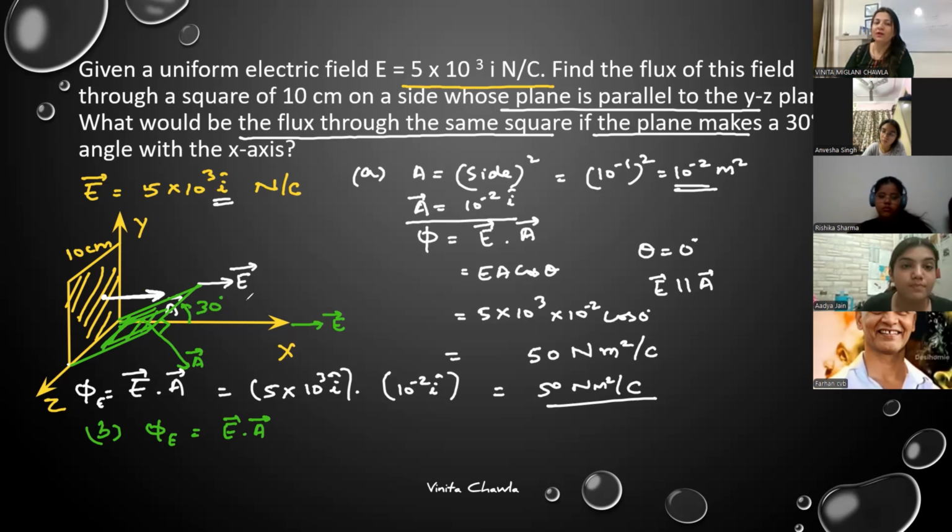What is the angle between E and A? This is the question. ये पूरा आपका 90 है and this part is 30. This is 60, sorry. No. 60 degree, right? So we're going to write 60 degree this time. So EA cos 60 degree.